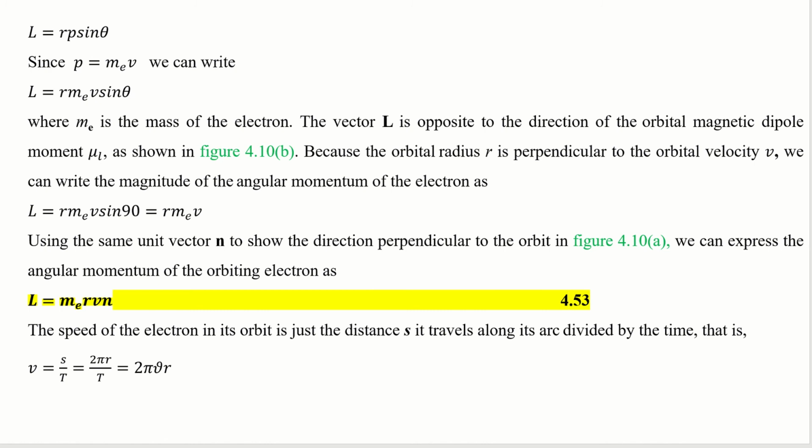But the speed of the electron in its orbit is just the distance S it travels along its arc divided by the time, that is, v is equal to S over T, but S is the circumference of the circle, therefore v is equal to 2 pi r over T, and equal to 2 pi nu r by substituting the value of T, which is the reciprocal of nu.